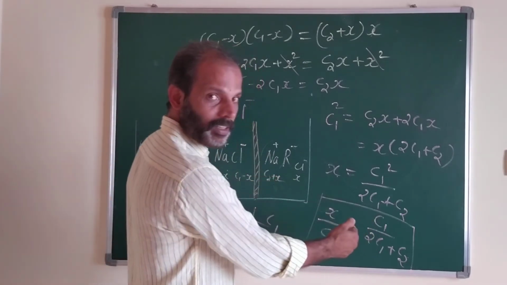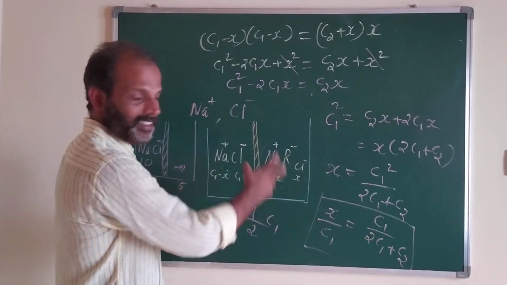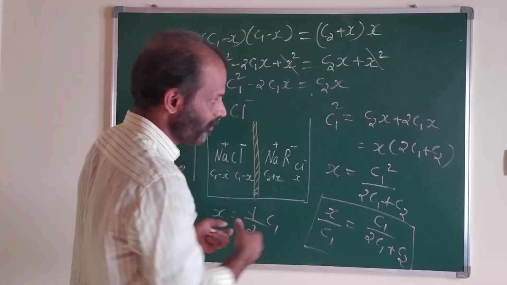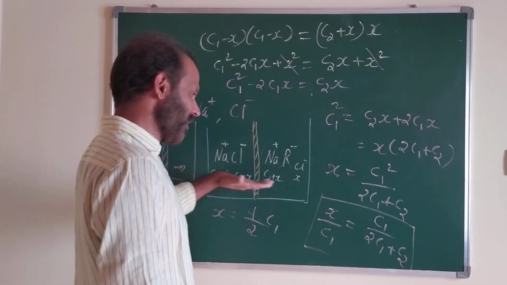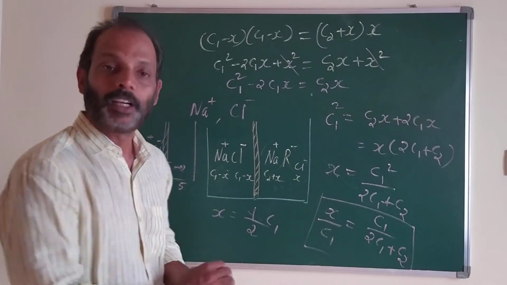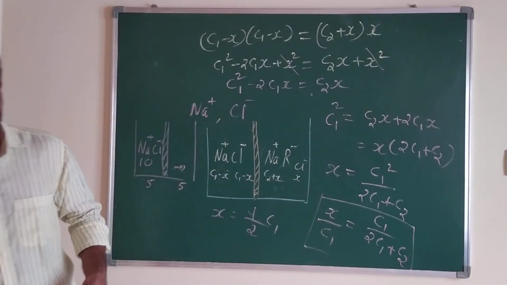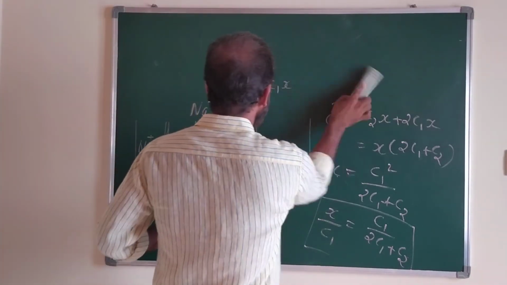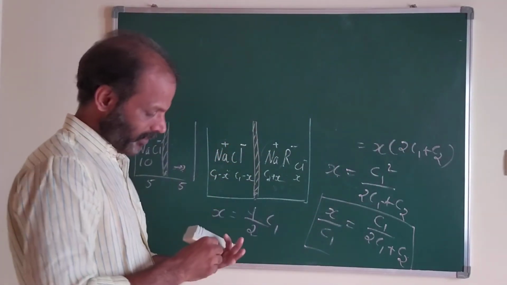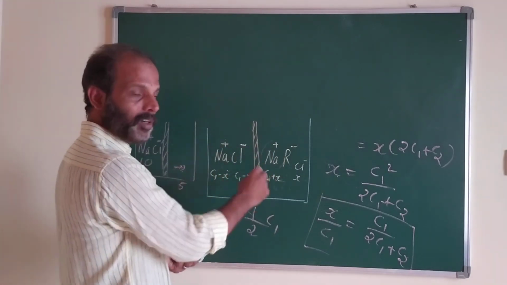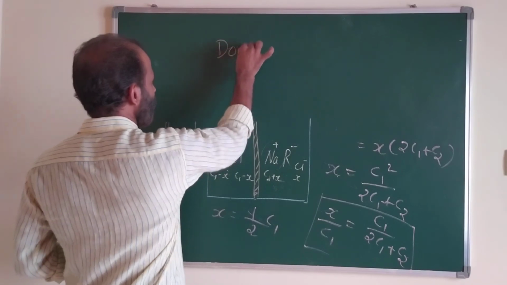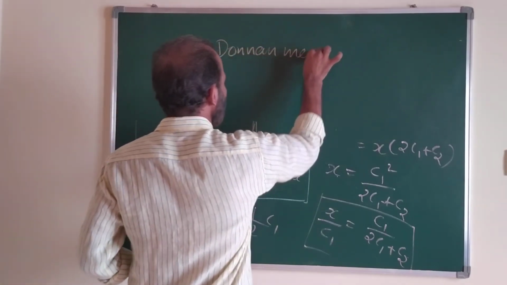Not equal. Right? That unequal distribution creates an equilibrium. That equilibrium, which contains an unequal number of ions between two chambers on either side of the membrane, is known as Donnan membrane equilibrium.